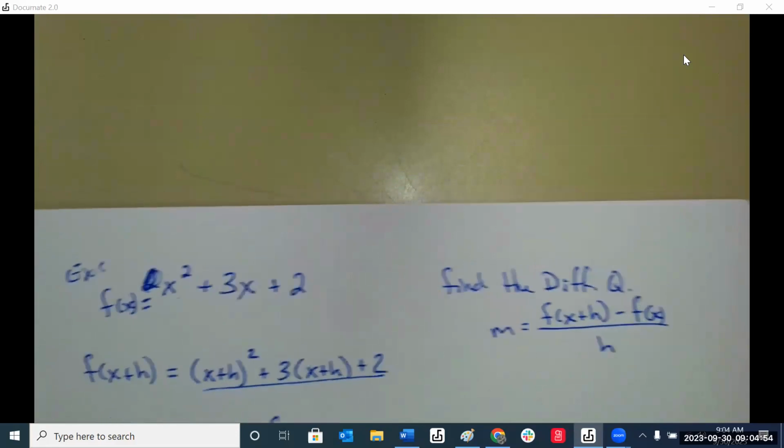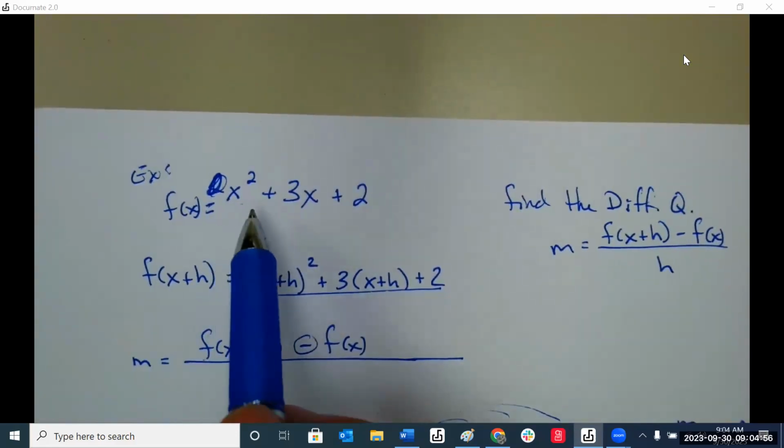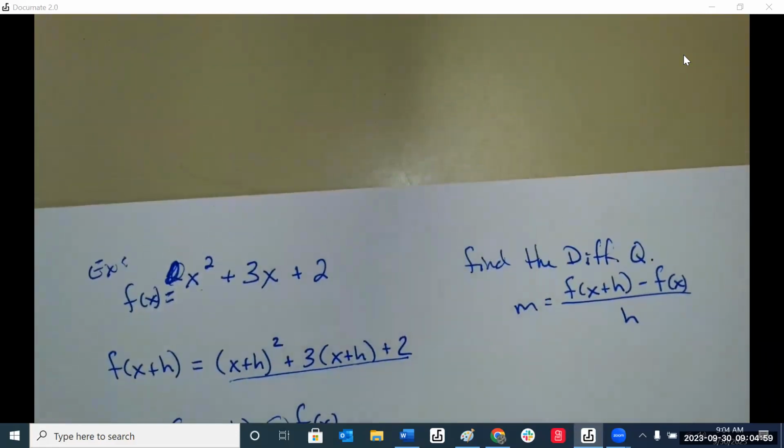So find the slope, find the equation of the line tangent. I'll show you how it would be written.